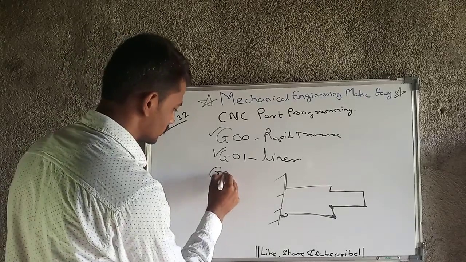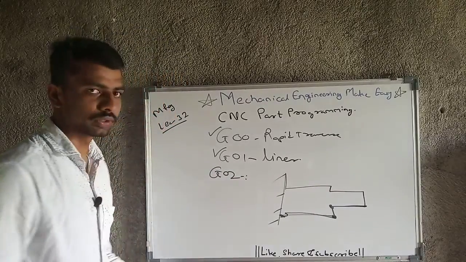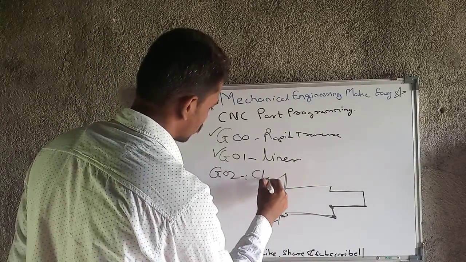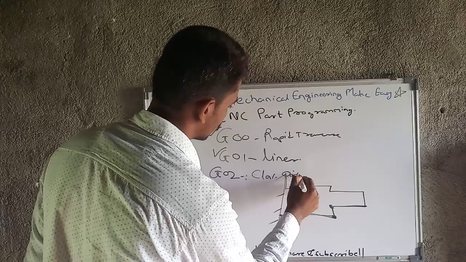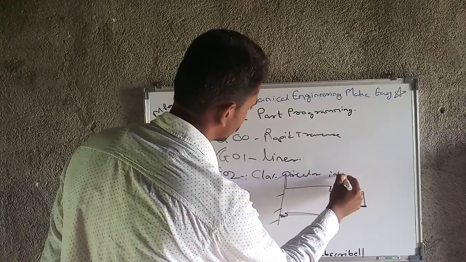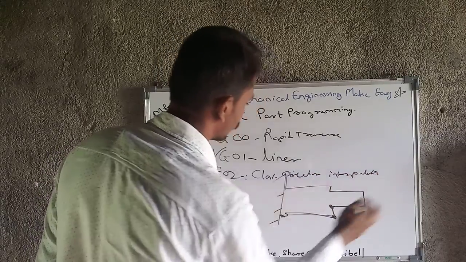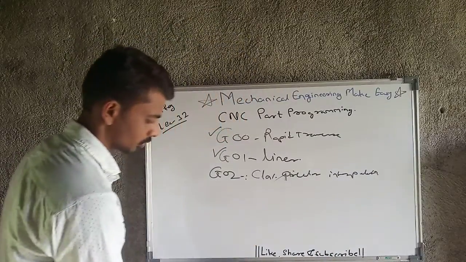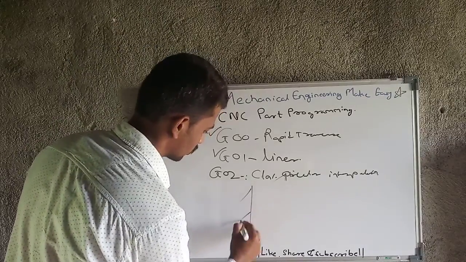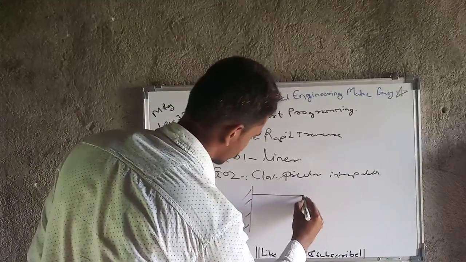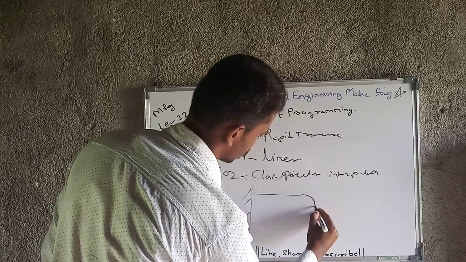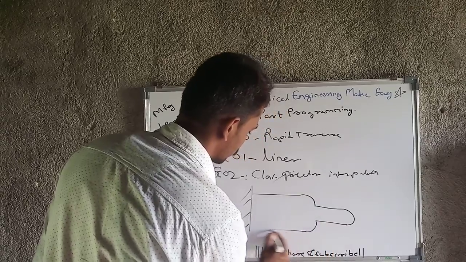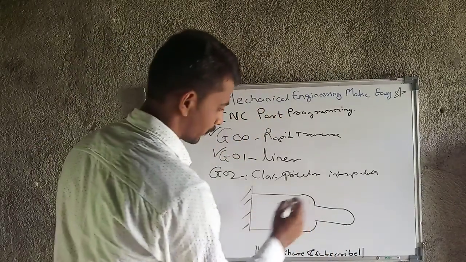Then another is G02. G02 is clockwise circular interpolation. What is clockwise circular interpolation? For example, this is the chuck, and this kind of workpiece we have to prepare.